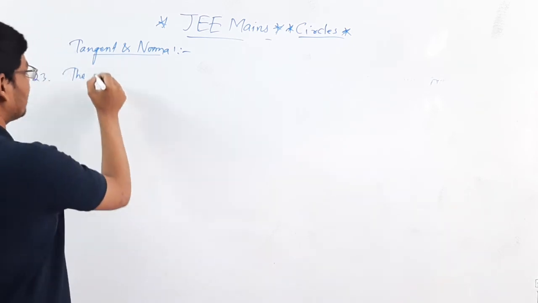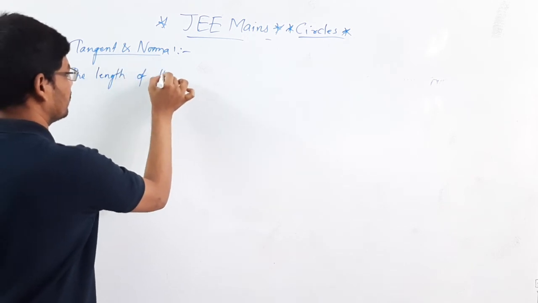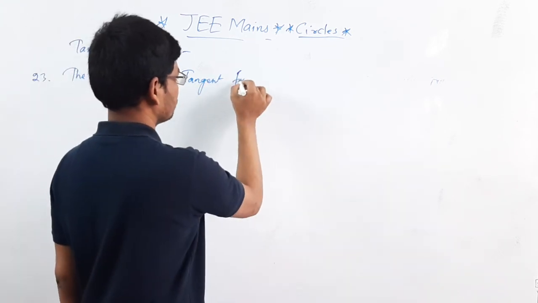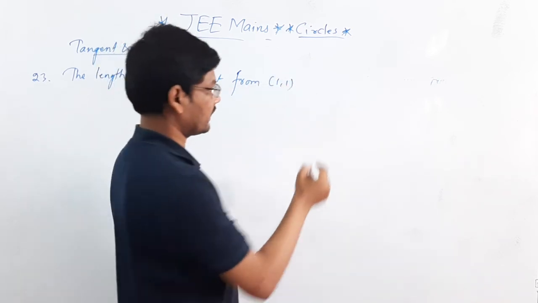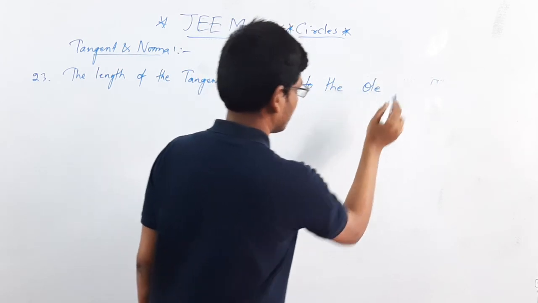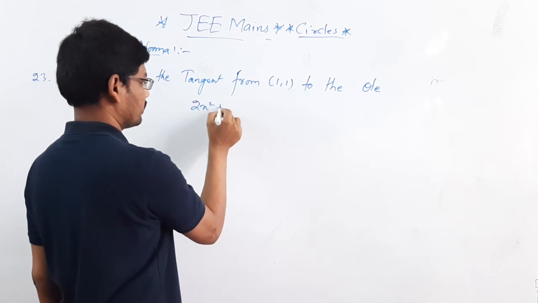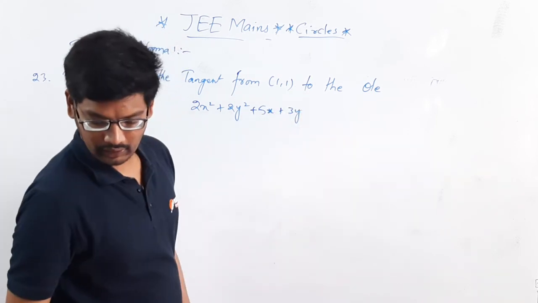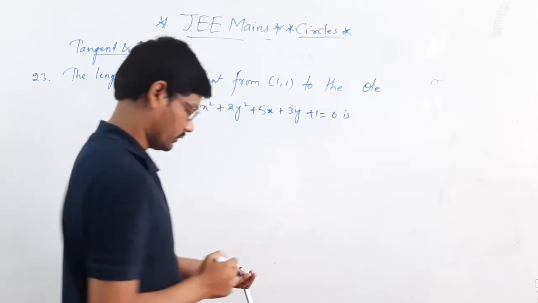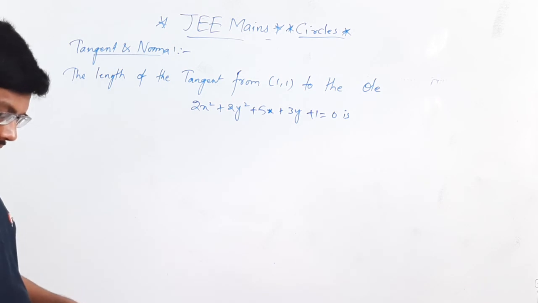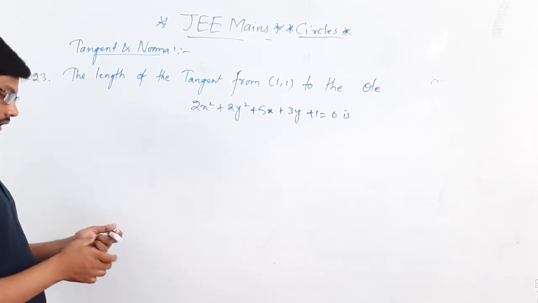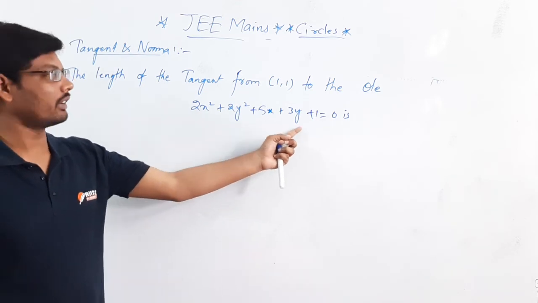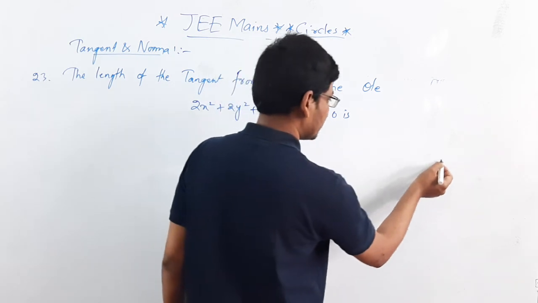The length of the tangent from (1, 1) to the circle 2x square plus 2y square plus 5x plus 3y plus 1 is equal to 0 is? This is the question here. Here is the circle, and I'm writing the circle here.